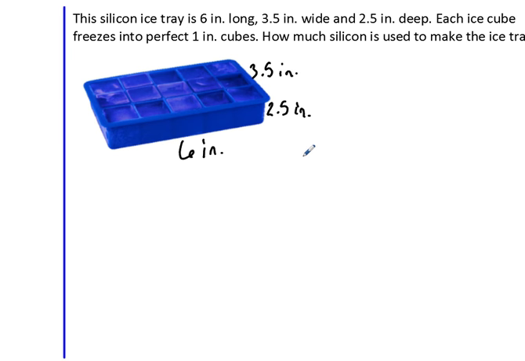So let's first find the volume of the whole thing, not considering the fact that there's all these divider lines that hold the ice cubes apart, but let's find out how much the entire shape, if it were completely empty, would hold. So that would be finding the volume of the prism. So this is our ice tray volume.